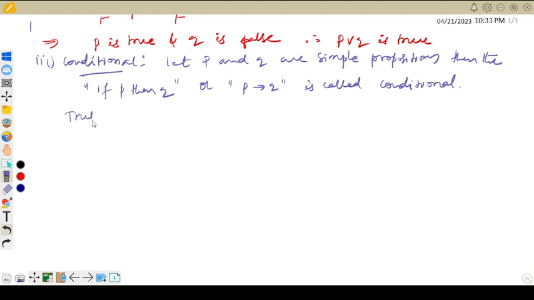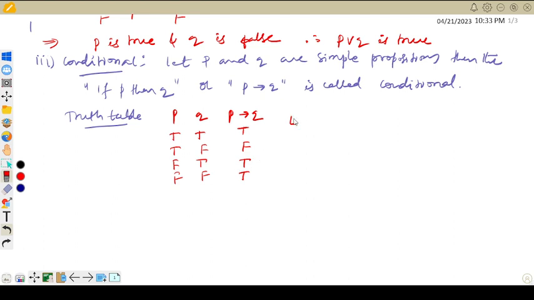Now its truth table is P, Q, P then Q, as usual: true, true, false, false, true, false, true, false. So this is true. Whenever it is true, false, it is false. In all other cases, it is true.